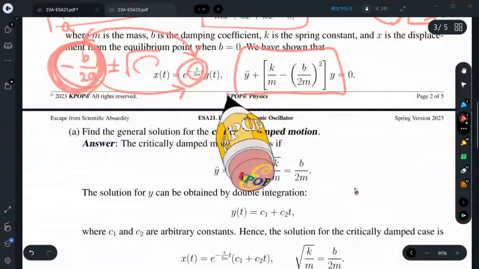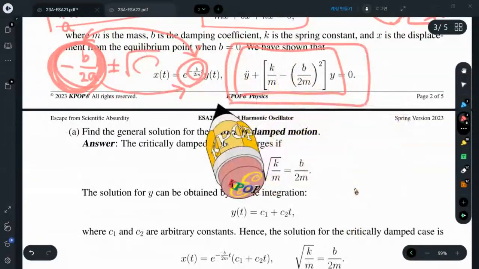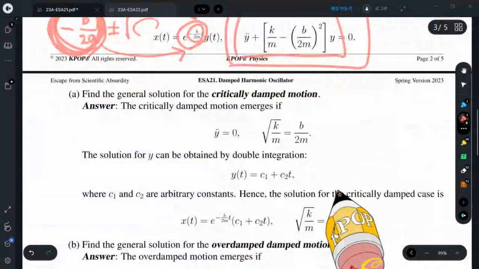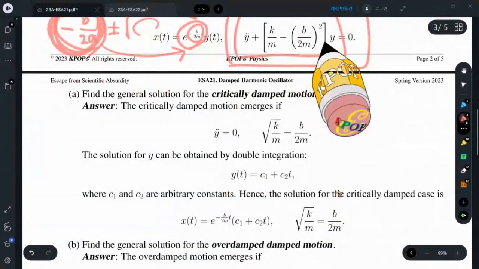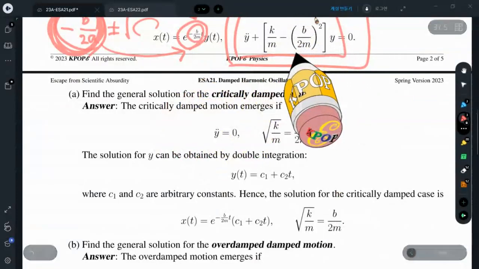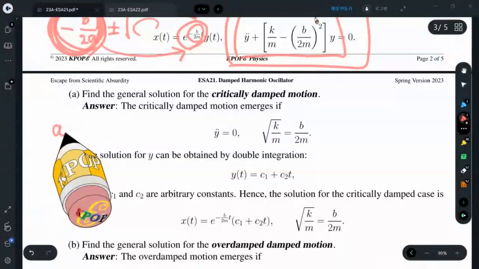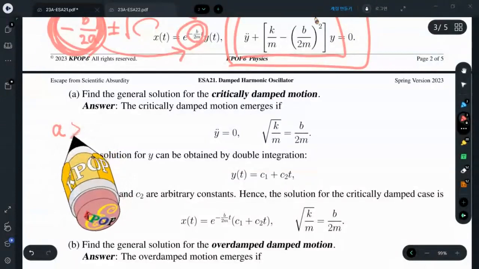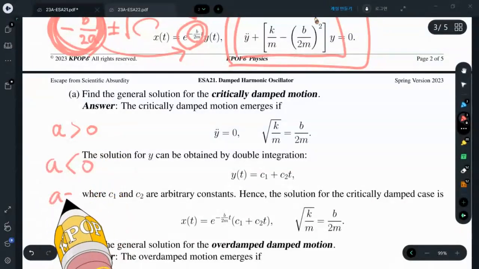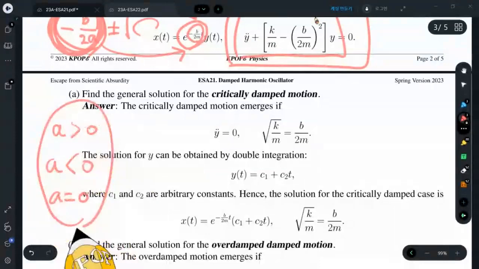And then you are left with this simpler differential equation. Let's see. First, this is a real number, right? So any real number can be positive, can be negative, or zero.